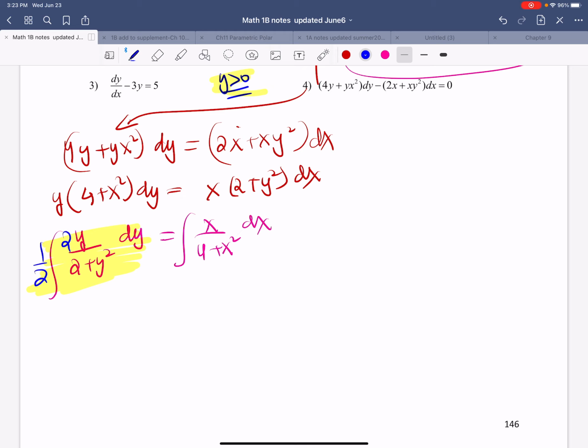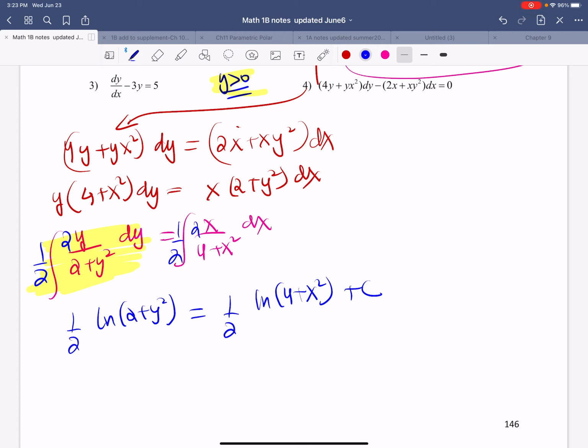So I'm going to multiply numerator and denominator by a 2. Same thing here, I'm going to multiply numerator and denominator by a 2. It turns out to be 1/2 natural log of 2 plus y squared. No need to put the absolute value bars because 2 plus y squared is always positive. 1/2 natural log of 2 plus y squared is equal to 1/2 natural log of 4 plus x squared plus c.